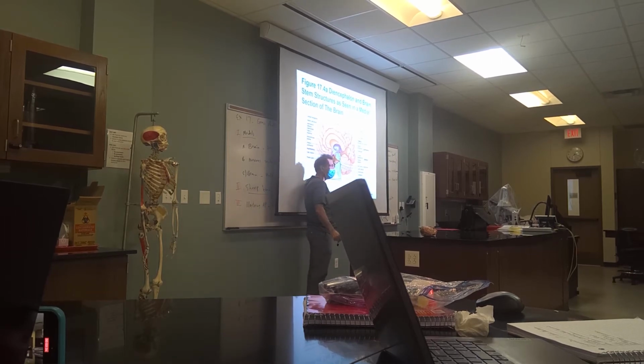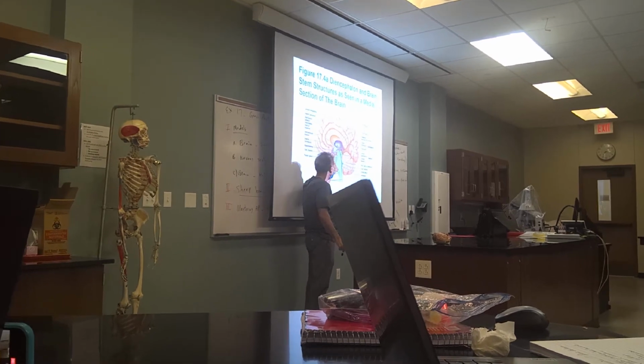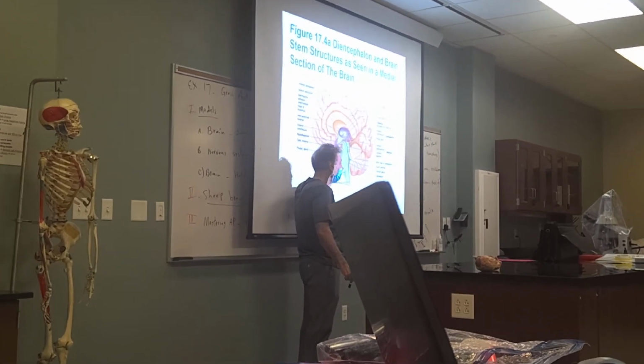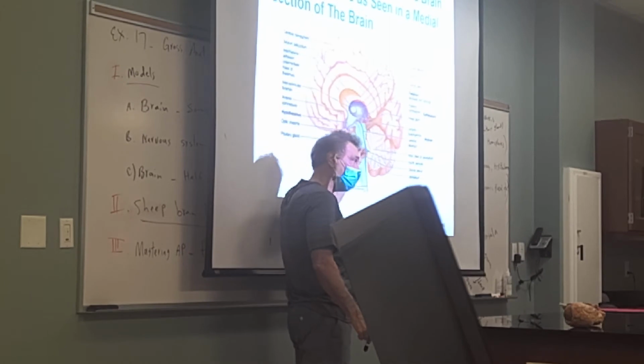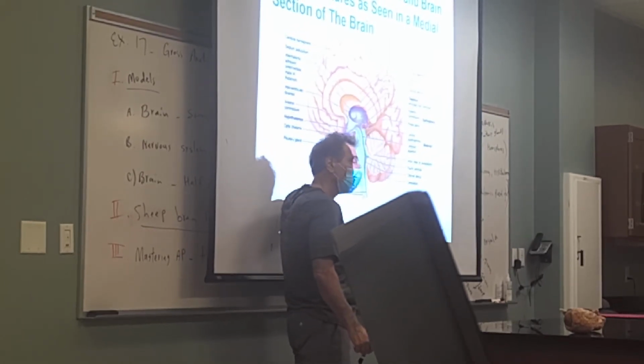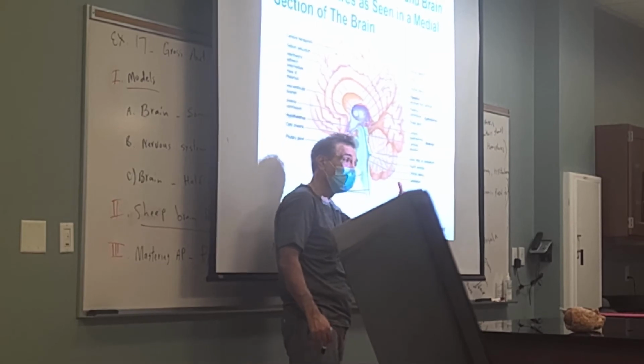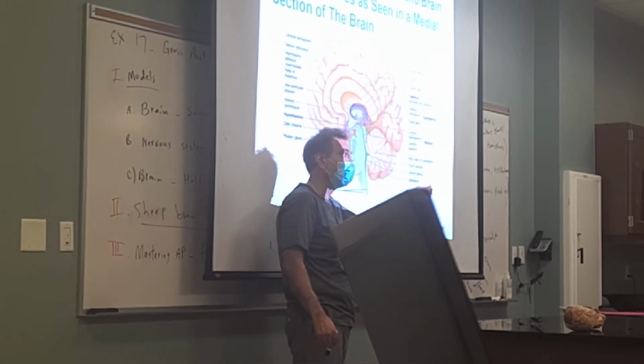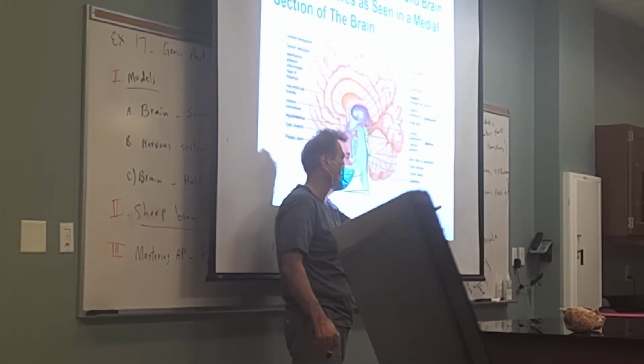The hypothalamus is connected to your pituitary gland. Remember, hypothalamus is part of the brain. It's made of neural tissue. But pituitary gland, it is made up of what? Somatic cells, body cells. Remember the glandular epithelium?